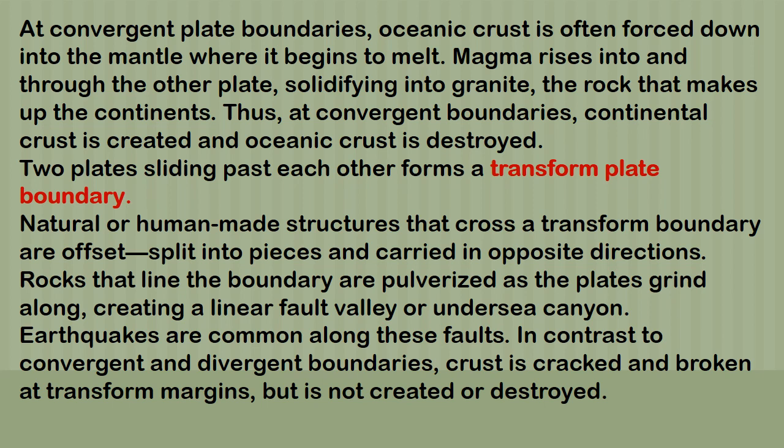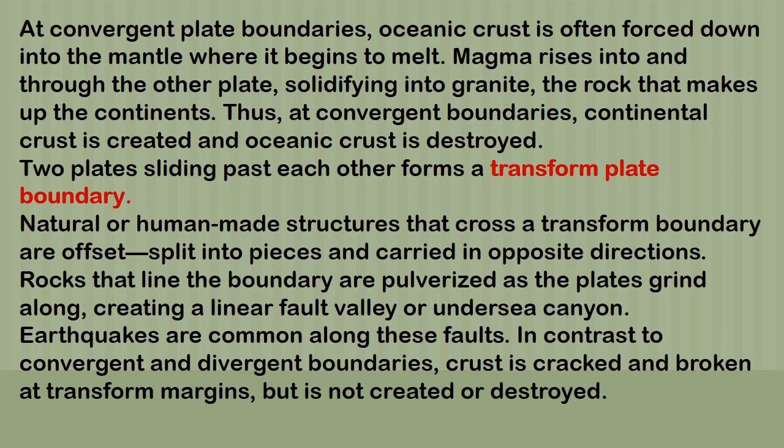It means if one builds a house on the transform boundary, then after some time he will come to know that his house will get destroyed. Or if you construct a wall onto the transform boundary, you will find that it will definitely move apart or break down.